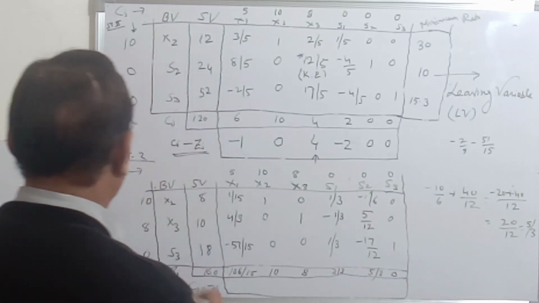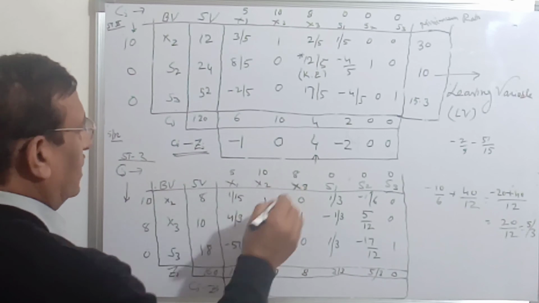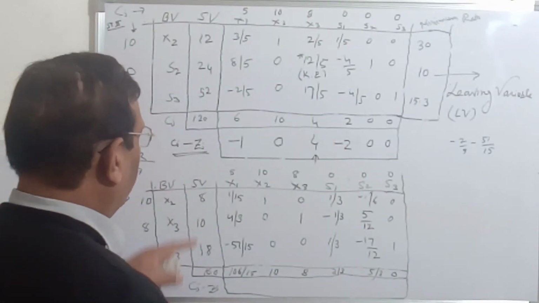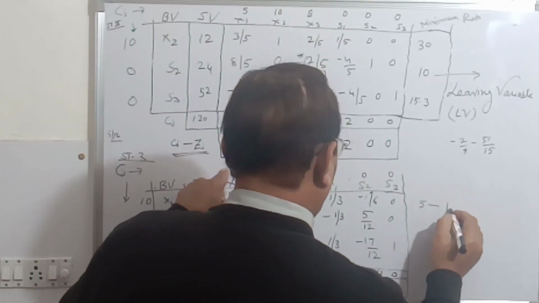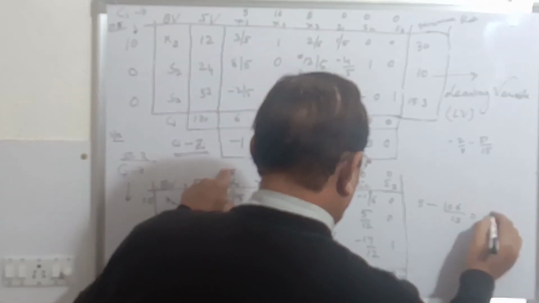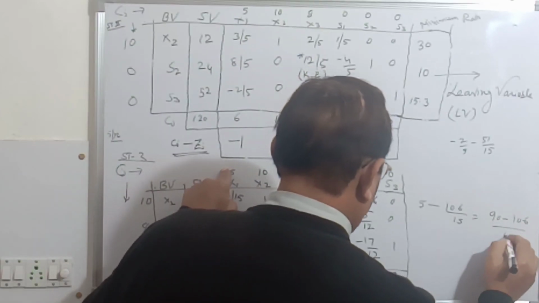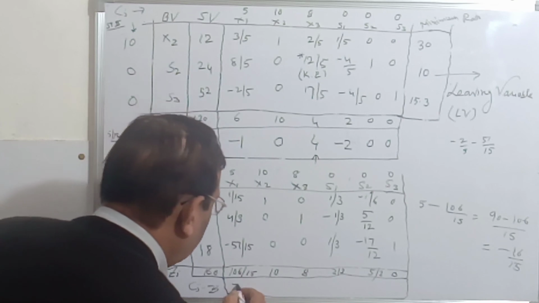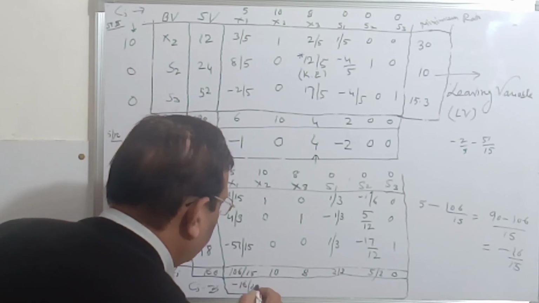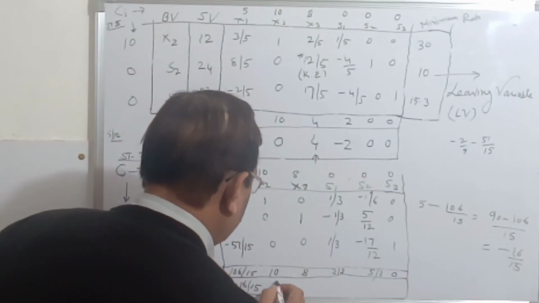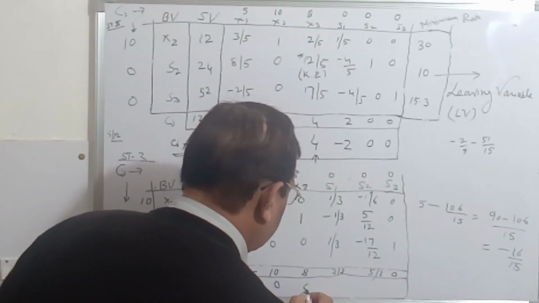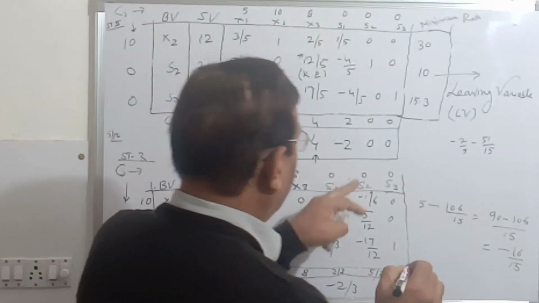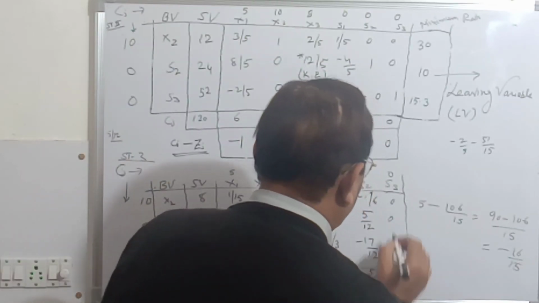This is Cj. 5 minus 106 by 15, so this is equal to minus 16 by 15. 10 minus 10, 0. 8 minus 8, 0. 0 minus 2 by 3, minus 2 by 3. 0 minus 5 by 3, minus 5 by 3. 0 minus 0, 0.